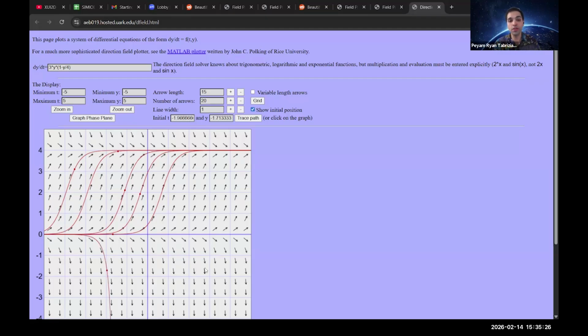And in case you're looking at negative solutions, they go down. And if you're above the carrying capacity, you can see that the solutions converge to the carrying capacity. Again, a very easy to use and nice illustration of direction fields. So that is one kind of applet.